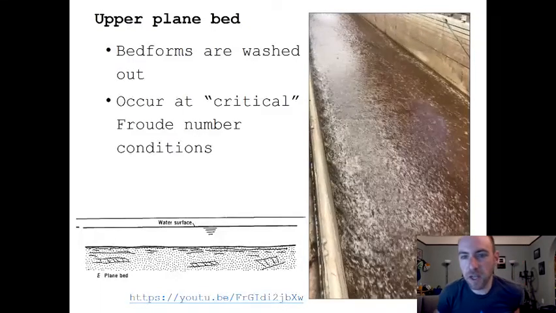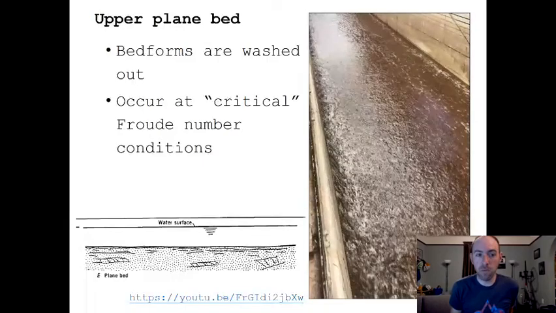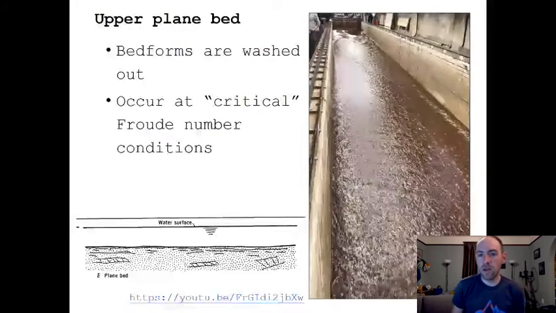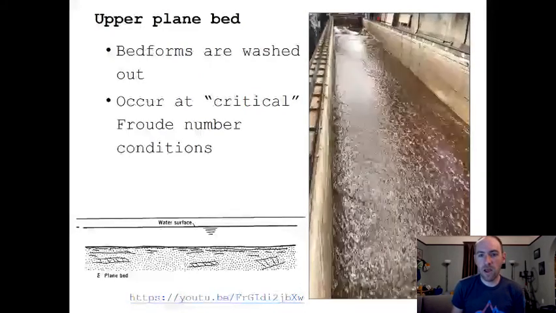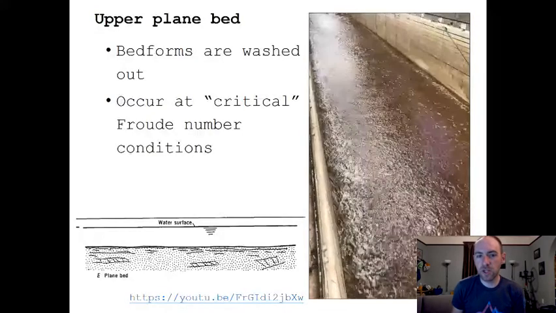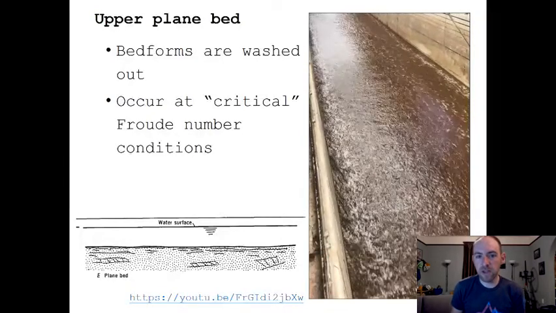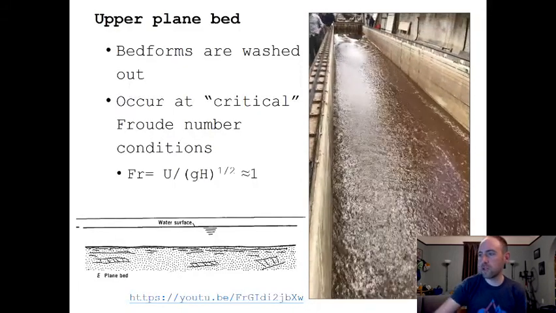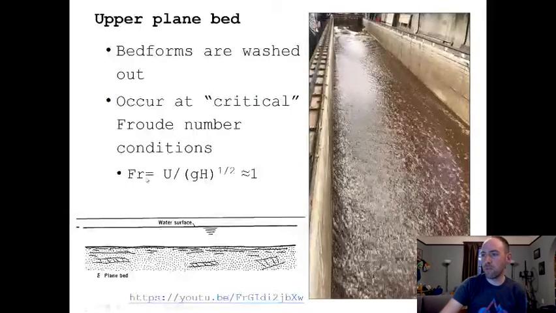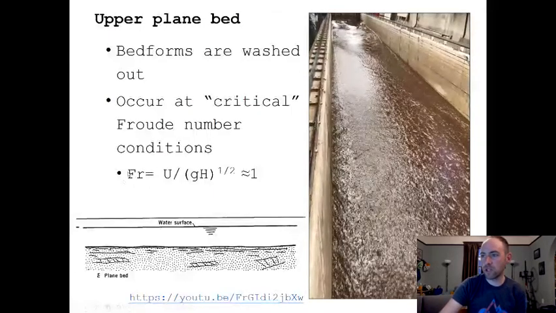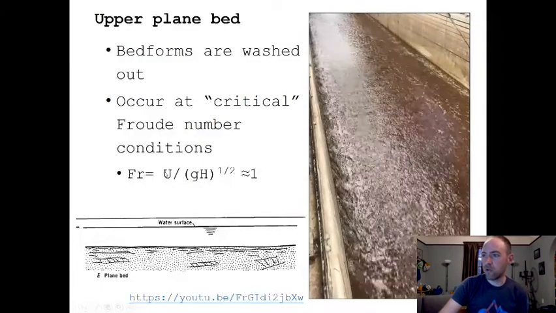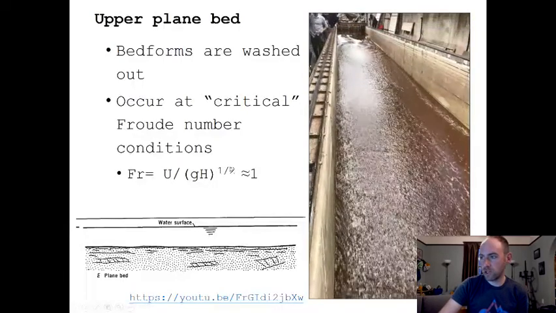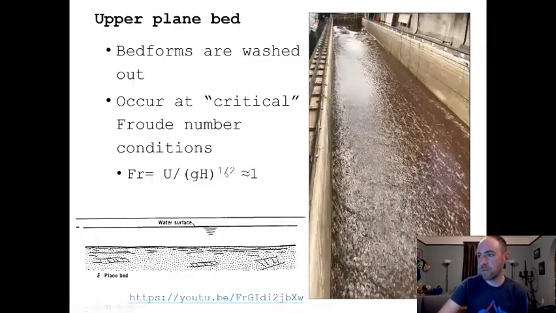And this occurs at a condition that we call critical Froude number conditions. What that refers to is the conditions at which the downstream advective component of flow dominates over the potential component of the flow, which is described by this term here, the Froude number, which is a relatively commonly used term, which is the ratio of the velocity of the flow to the square root of gravity times the depth of flow, the square root of this gh term, right?